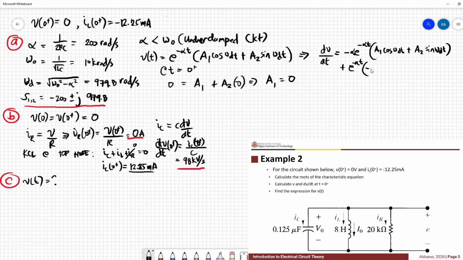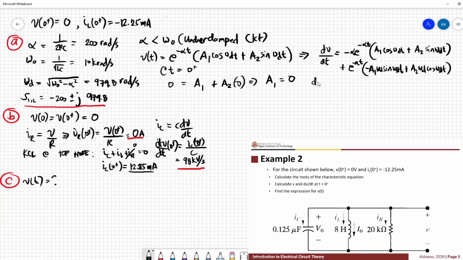So we have negative a1 wd sine of wd t plus a2 wd cosine of wd t.